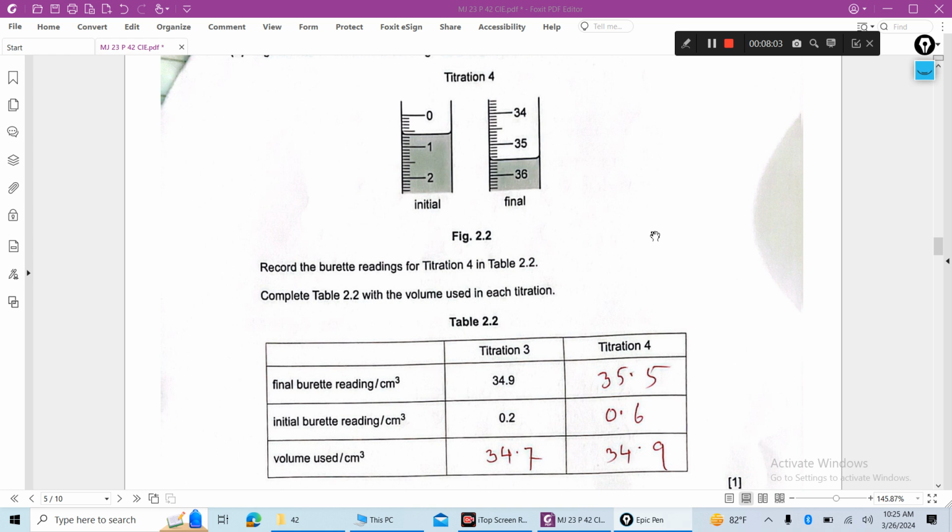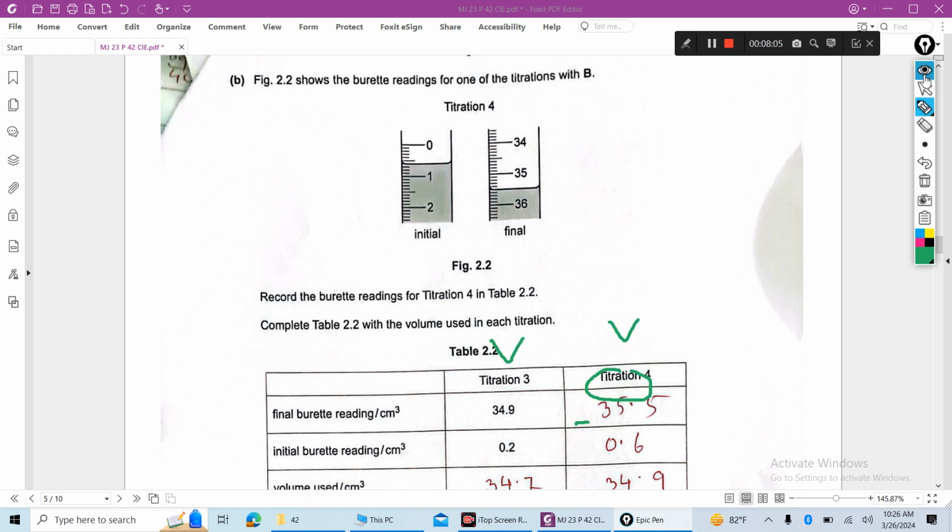Next, this Figure 2.2 shows the burette reading for one of the titrations with B. This is the result for the second titration with solution B. Now you see this titration 4.